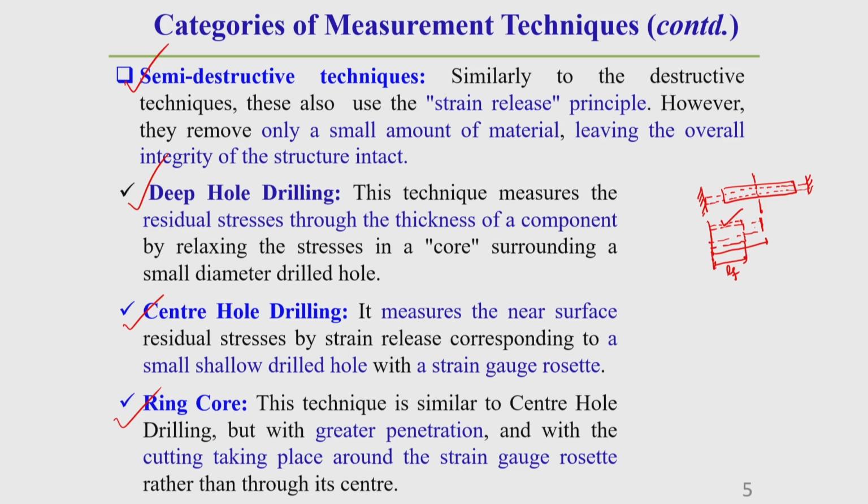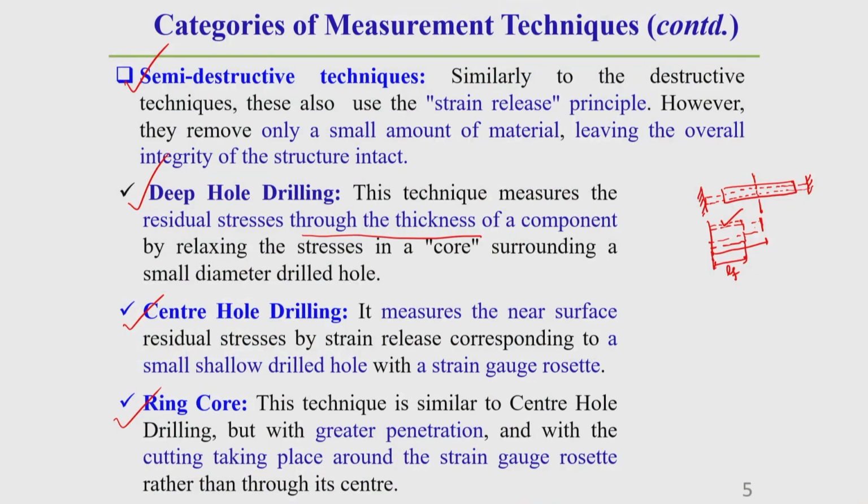With the deep hole drilling technique, we can measure the residual stress through the thickness. Through the thickness we gradually release the strain, and that strain we can measure by using a specially designed strain gauge. That strain gauge can be an electrical strain gauge or a mechanical strain gauge.